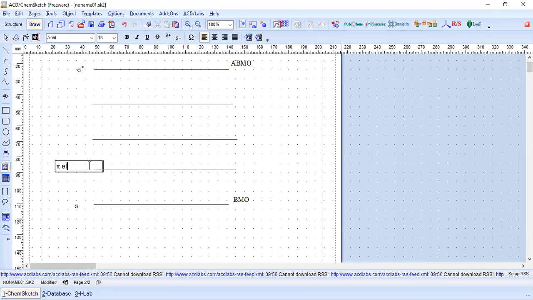This is the pi bonding molecular orbital. That means it will form a pi bond, but it is a BMO. And then the next one is pi star. And now this is N, non-bonding electron, simple N.